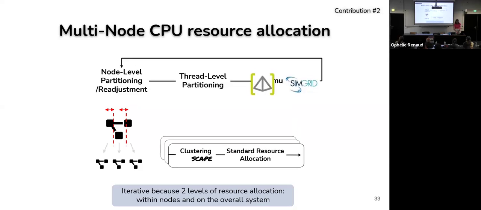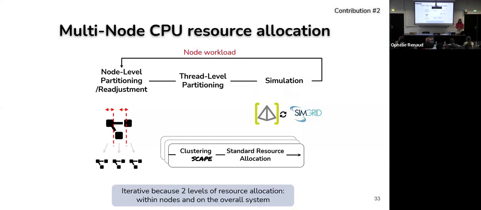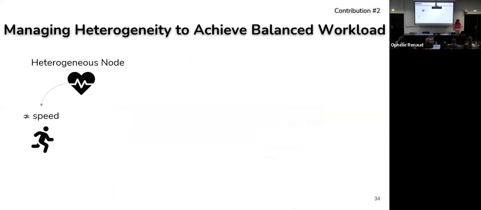adjusting the granularity. And then we simulate the intranode and the internode behavior with a combination of 2 tools, Prism from IETR and SimGrid from IRISA. And then, with the feedback on workload partitioning, we readjust the construction of subgraphs in order to reach balanced workload between nodes.